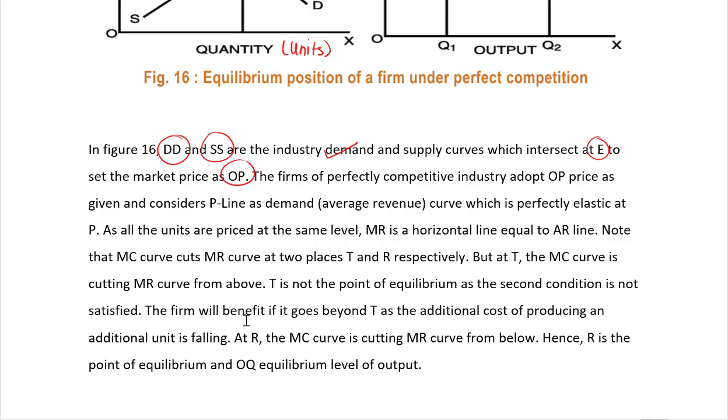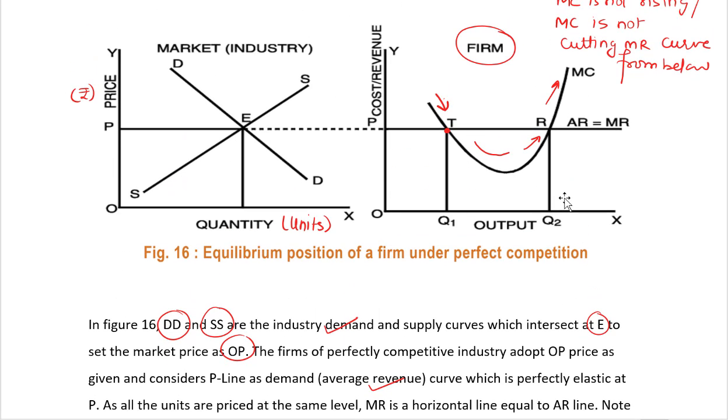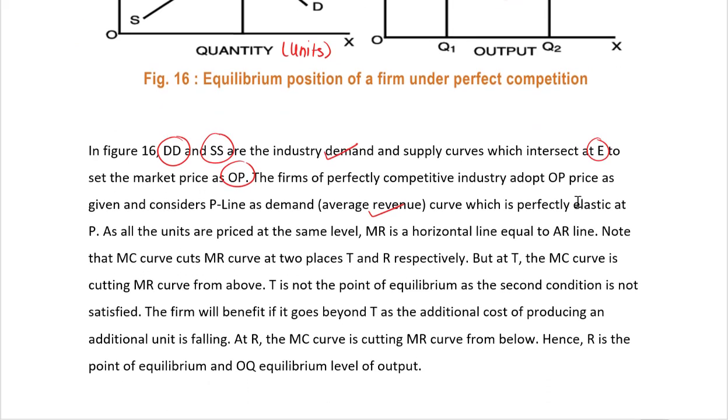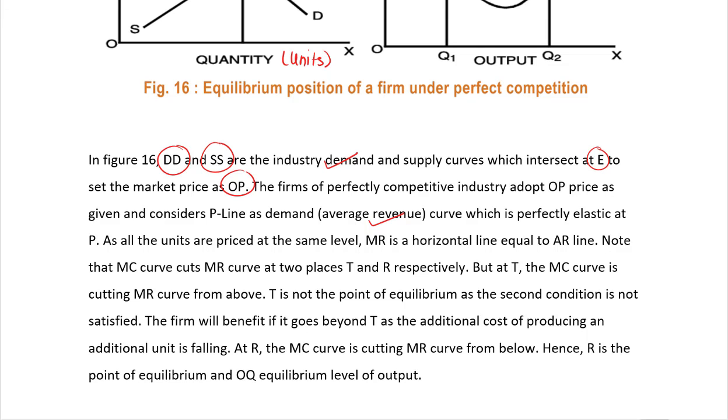The firm of a perfectly competitive industry adopts OP price as given and considers the P line as its demand, that is the average revenue curve, which is perfectly elastic at P. As all the units are priced at the same level, MR is a horizontal line equal to AR.